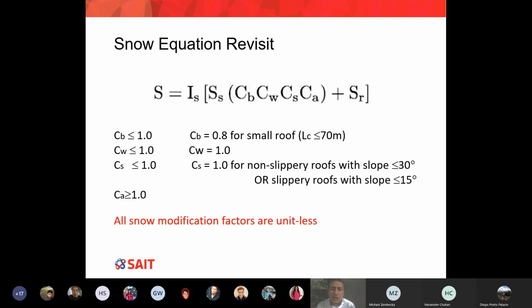So you have to look at the material before you think about the angle of the roof. Guys, here we go, the last one, which we haven't covered so far, but I want to give you a heads up. You can see all of the other factors can be maximum 1 or less than 1 if some conditions are met. However, this is the only one among all those factors that has a minimum of 1 or can exceed 1.